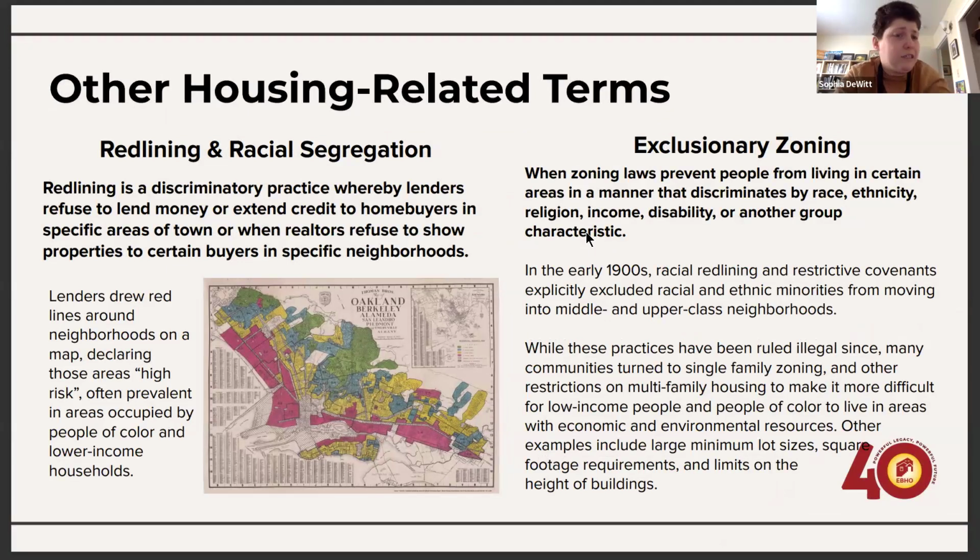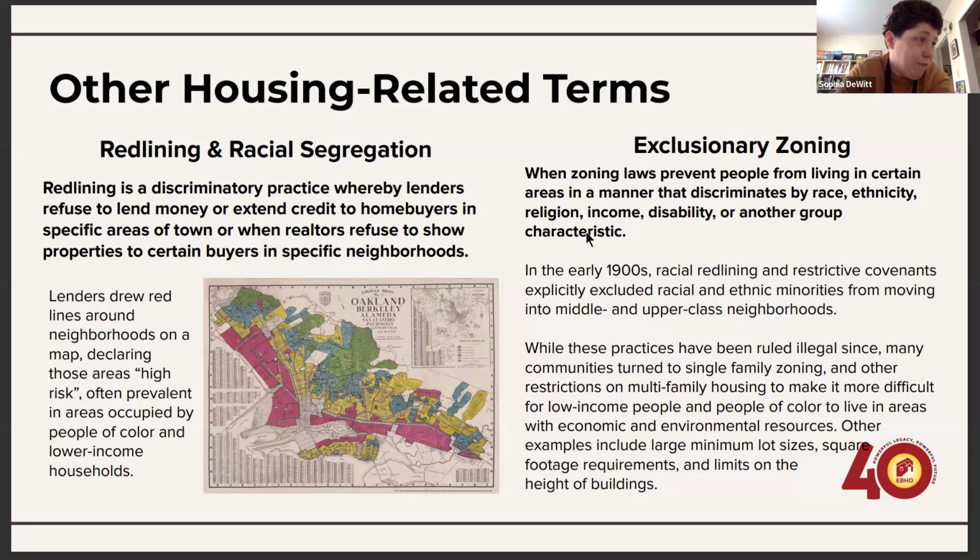So other additional terms: redlining and racial segregation. Redlining is and was a discriminatory practice whereby lenders would refuse to lend money or extend credit to home buyers in specific areas of town, and realtors would refuse to show properties to certain buyers in particular neighborhoods.